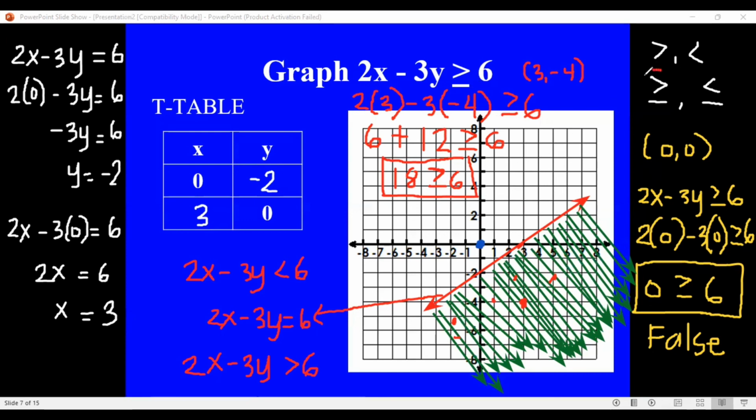So if you have the greater than or equal to or less than or equal to, then you have to make it a solid line. When you simply have the greater than or the less than, the line should be represented by a broken line because it's not part of the solution.